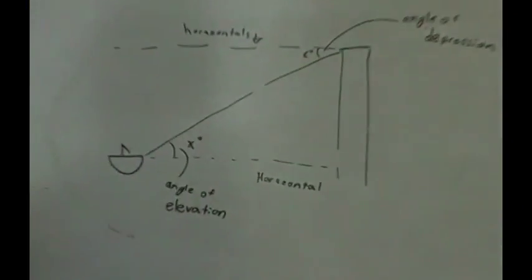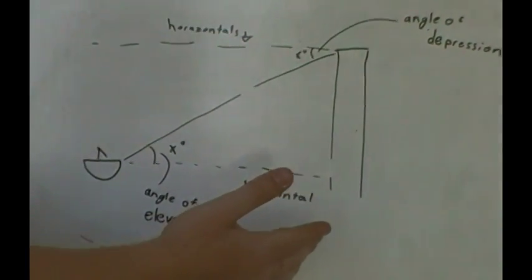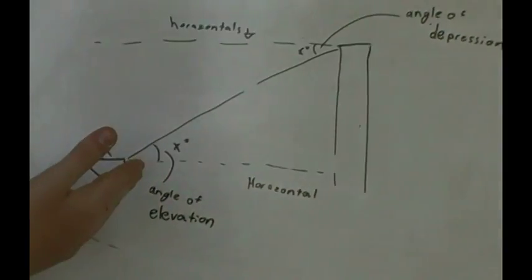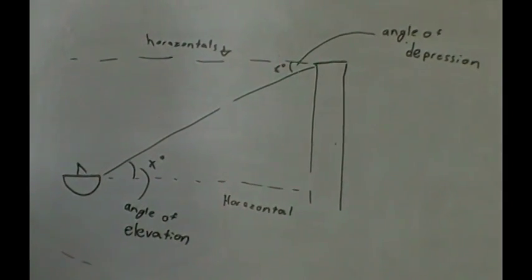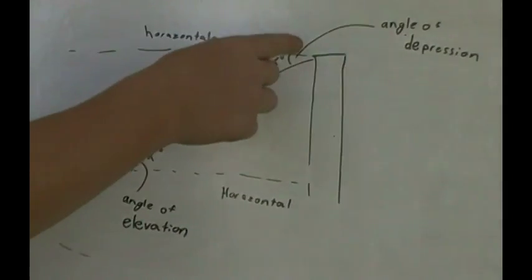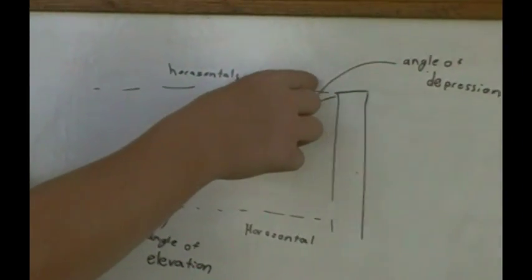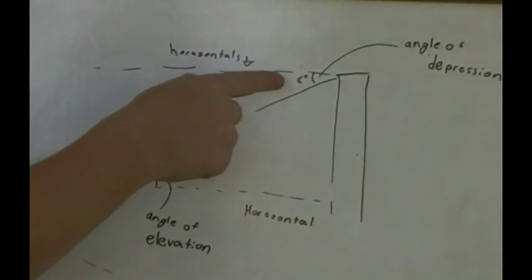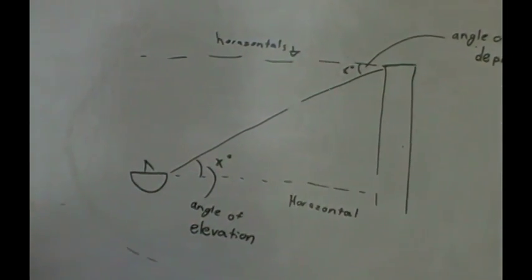So, in this diagram, there's this boat and this lighthouse that are looking along this line towards each other. And to find the angle of depression, we draw a horizontal line from the lighthouse. And so this degree X is how far they are looking down to see the boat.